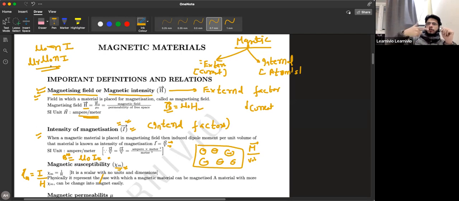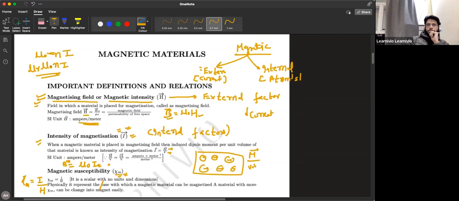When you insert an iron rod into the solenoid, the atoms of the iron will contribute to the magnetic field. So if you take a solenoid whose core is air, say the magnetic field is 1 Tesla. When you insert an iron rod, the core is iron now, the magnetic field becomes 1000 Tesla. So from where does that 999 Tesla come from? That comes from the individual atoms themselves.